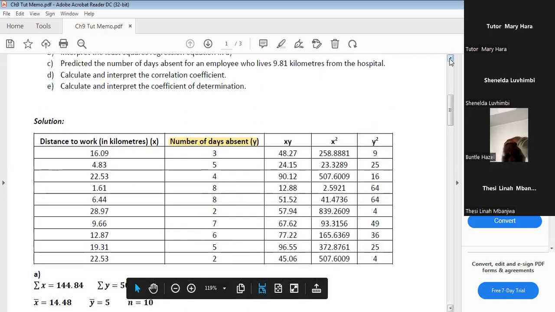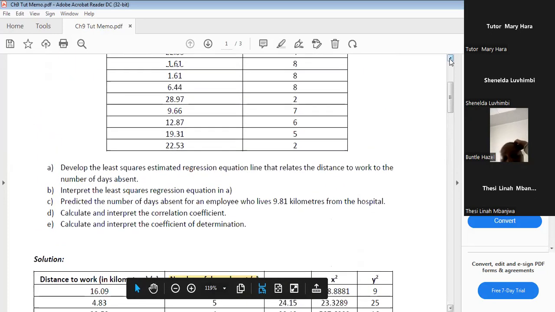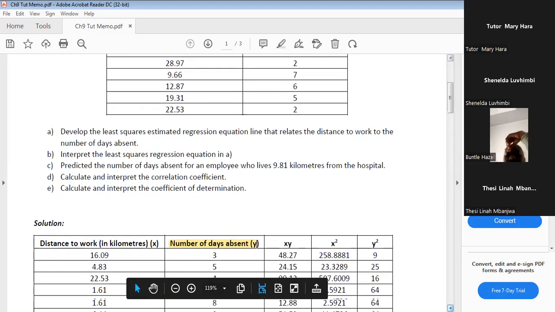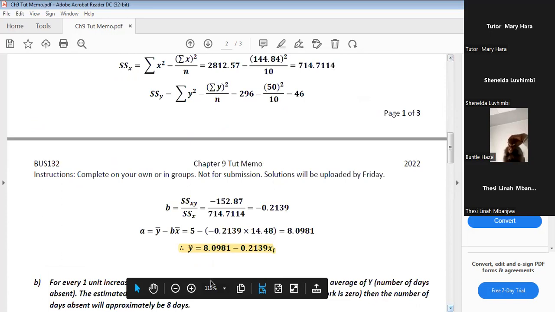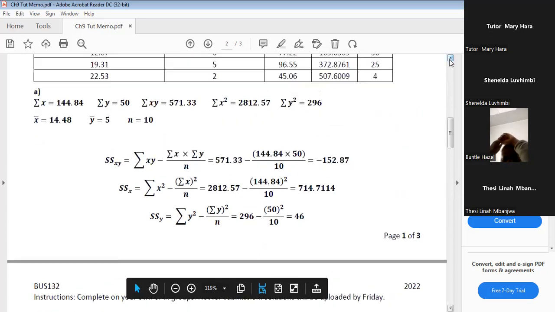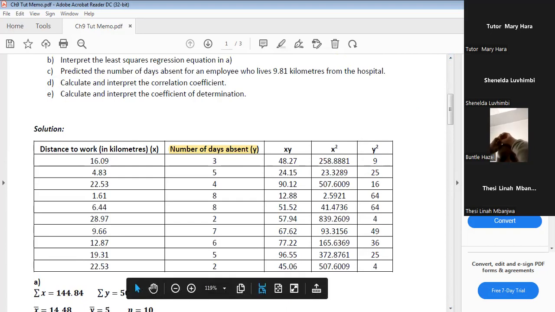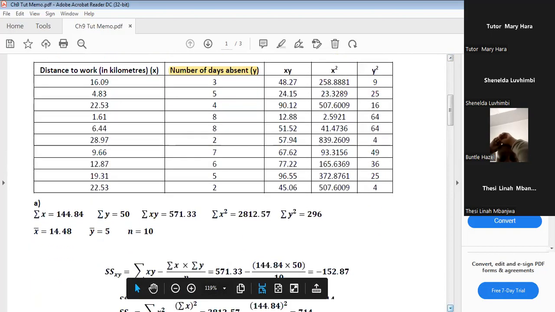So you divide by the total number and you find your y bar. That's the y bar that is given here. And your x bar is the same. You have to find the mean of x, which is just adding up all the numbers under x, divided by 10. That will be your mean x bar.